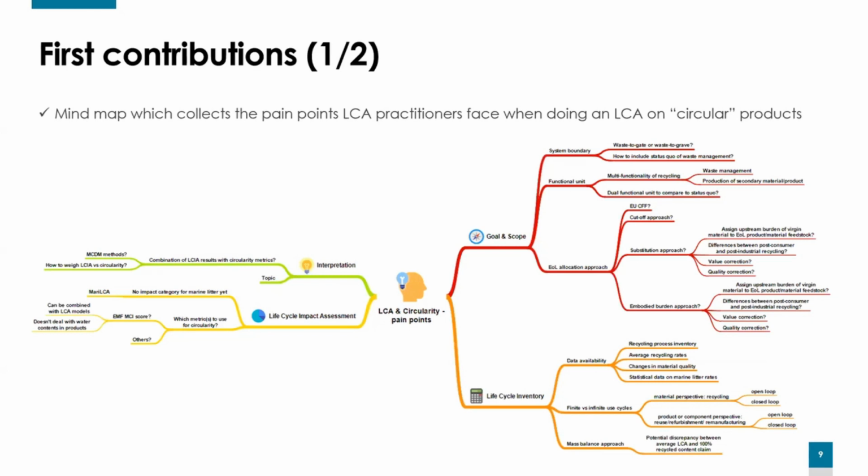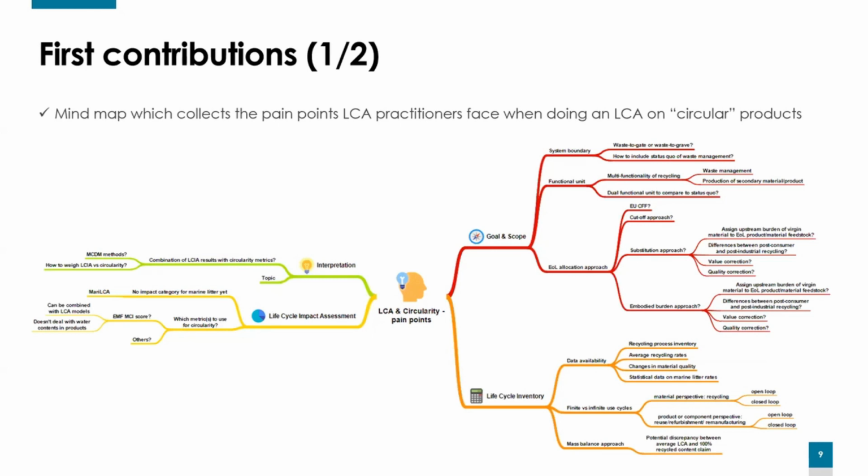For example, in sub-working group number 2, in order to facilitate how we can evaluate circular economy end-of-life options using LCA, our working group included researchers from academia and universities, and also practitioners from industry.